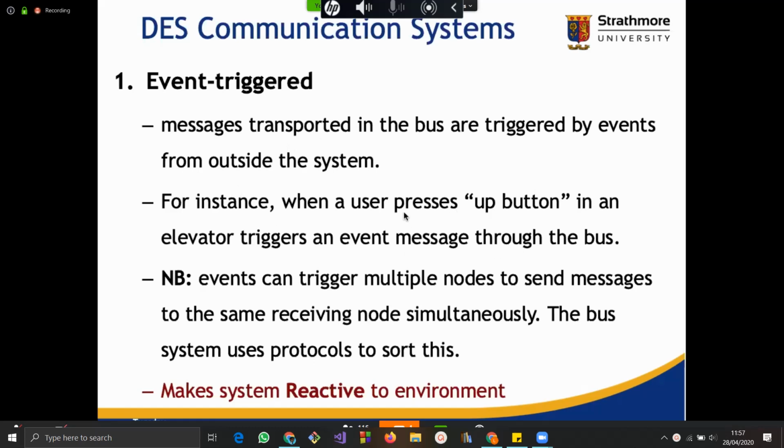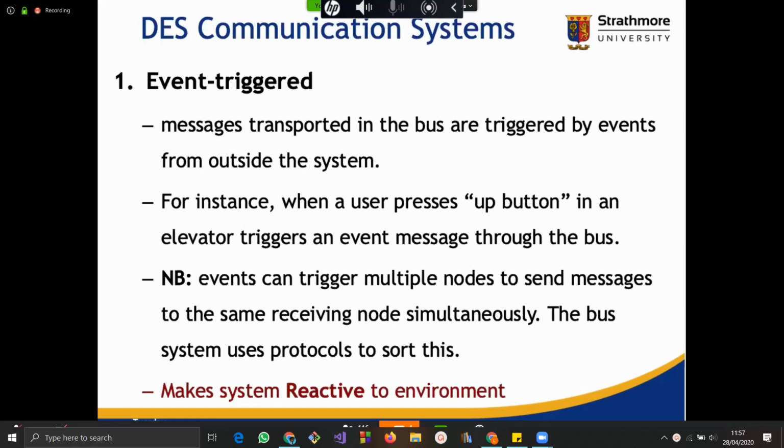When the user presses a button, it places information through the bus, and then maybe something happens. So it's triggered by an event, triggered by the user, reactive to the environment. So for example, you have your sensor. Your actuator detects something, maybe the temperature drops.